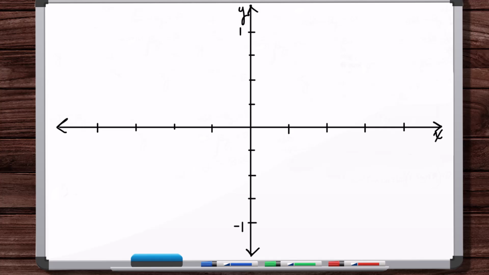Okay, there we go. So this is 2 pi, and this is minus 2 pi. And you get minus pi and pi.